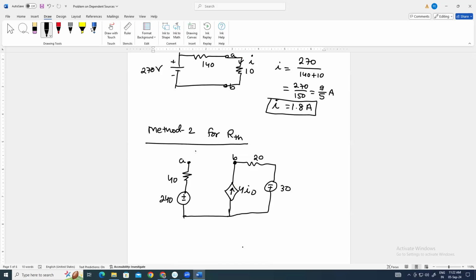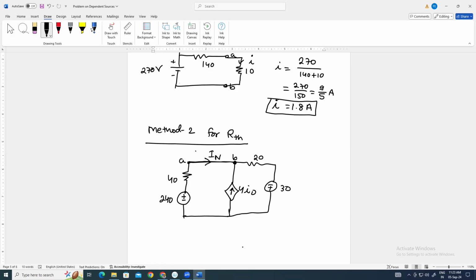We will make a short circuit here in between AB terminals, and we will assume current IN, that is Norton current. Okay, and that IN we have to calculate.